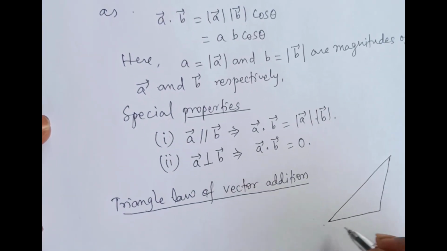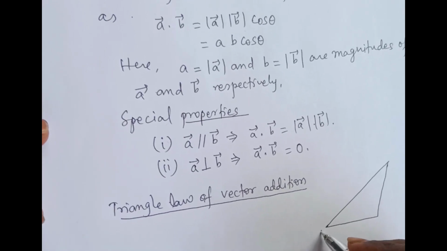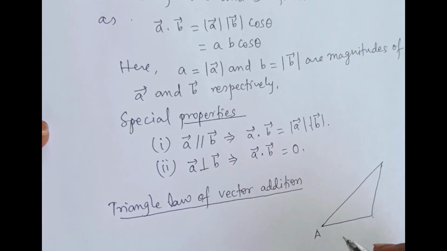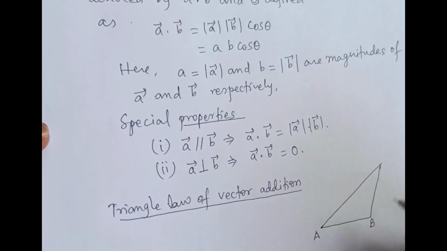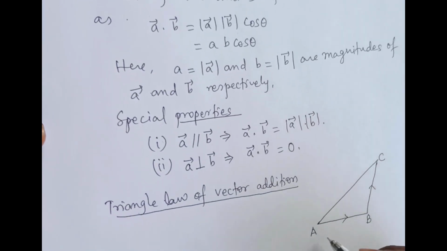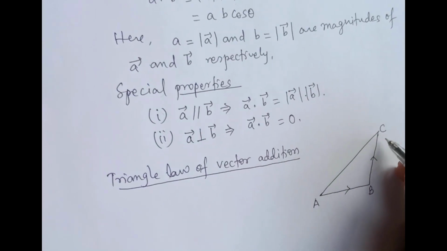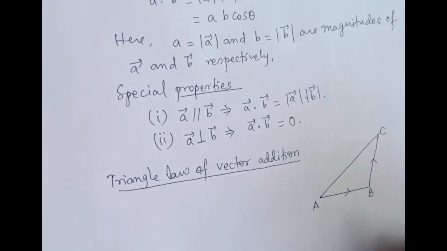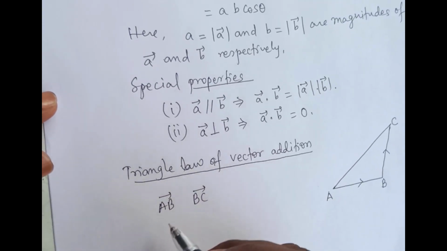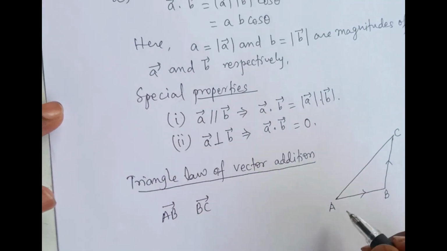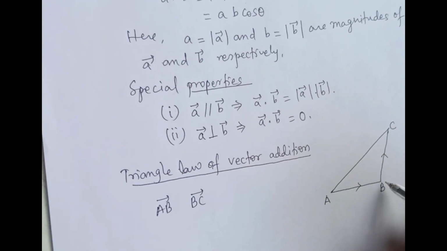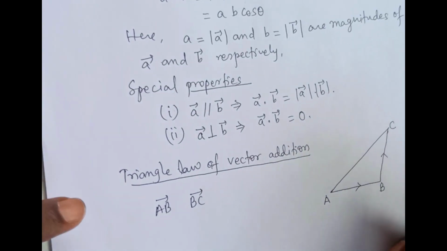So here let us take a vector that displaces from a to b and b to c. Here we have two vectors ab and bc. Vector ab displaces from a to b, and vector bc displaces from b to c.